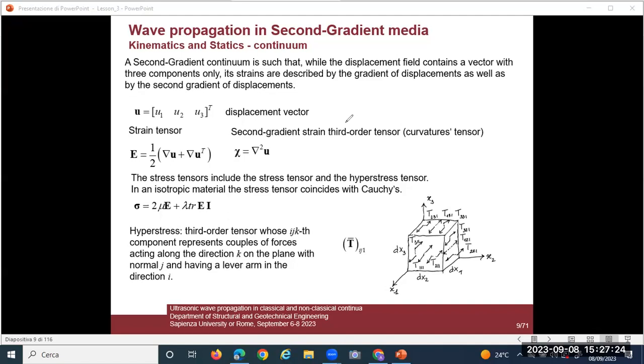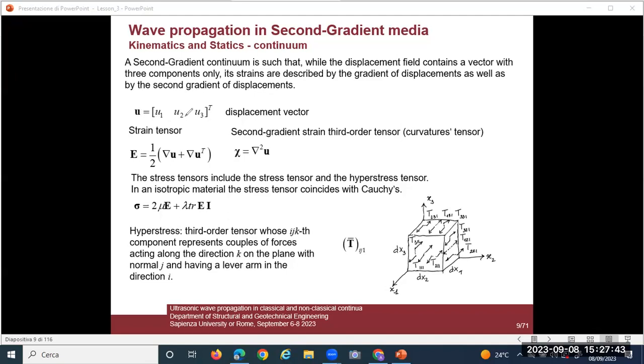A second gradient continuum is basically a continuum where the displacement of a point is described by 3 components of the displacement.